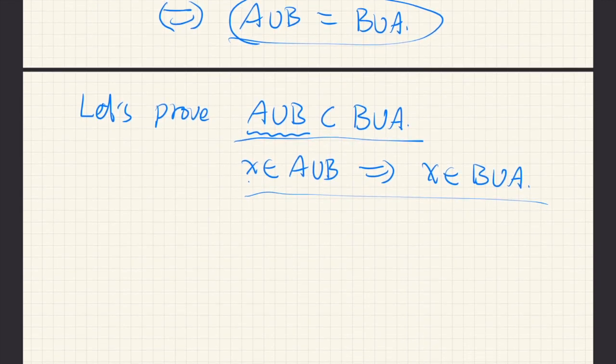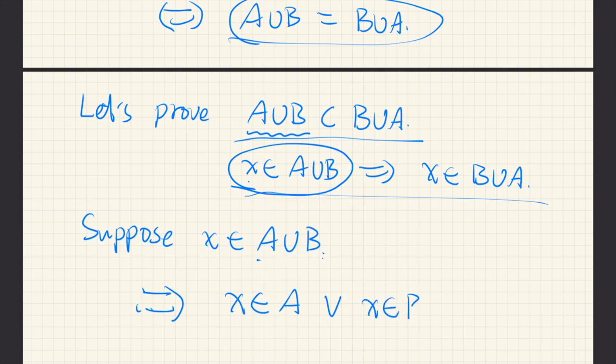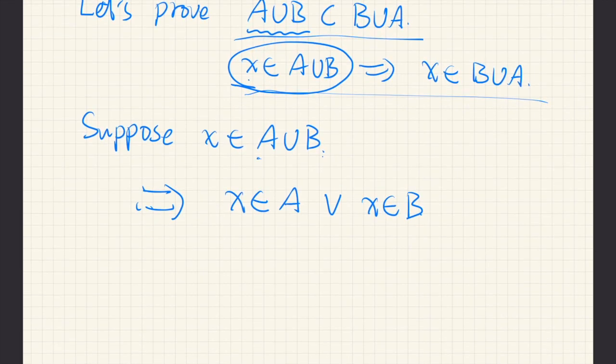Okay, so let's assume this. So suppose x is an element of A cup B. Then what does this mean? According to the definition of A cup B, this implies x belongs to A or x belongs to B. Okay?